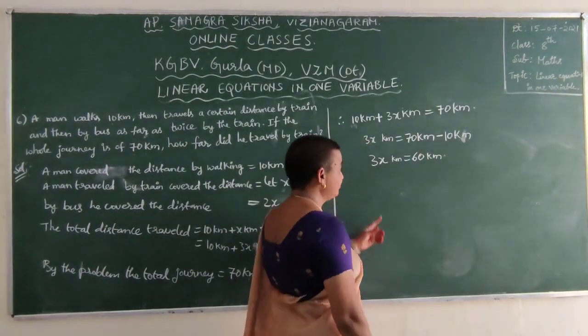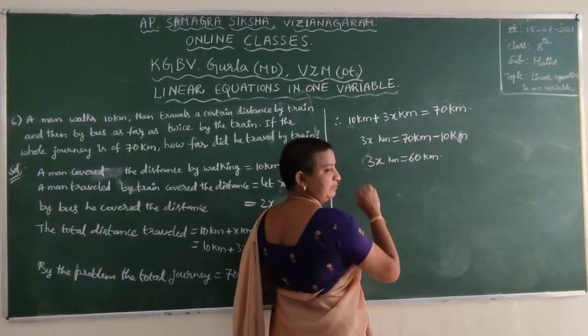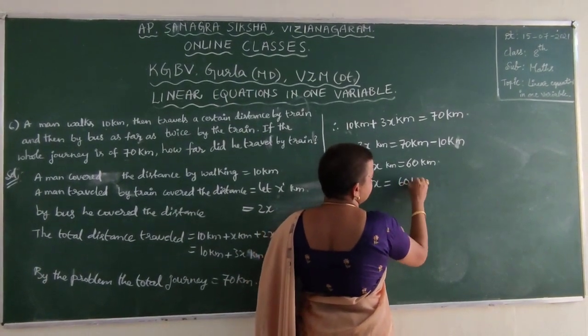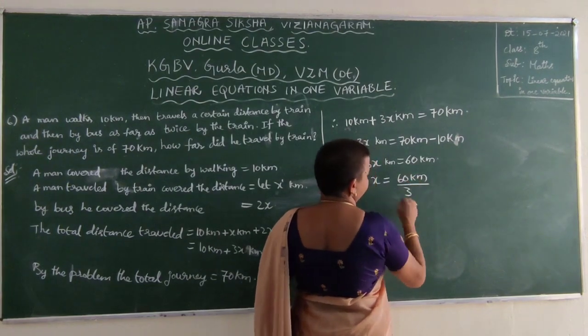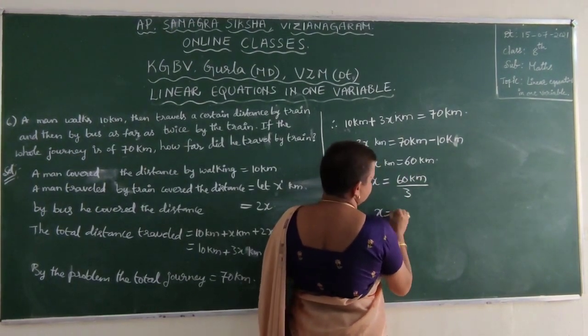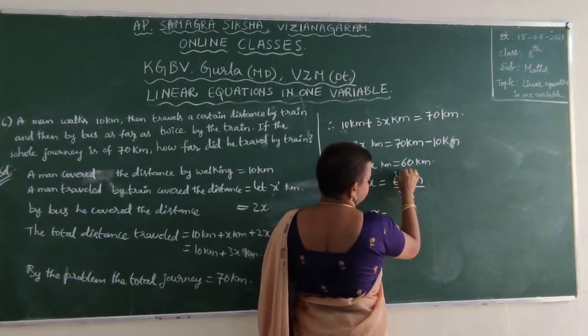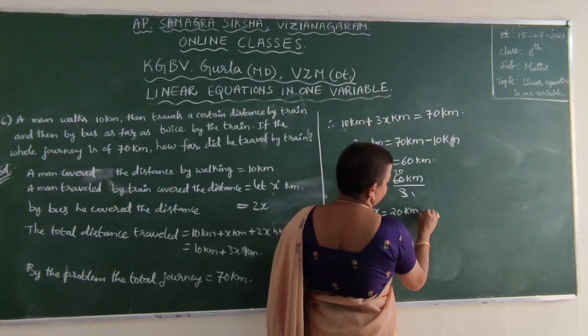Now 3 is multiplied by x, so x is equal to 60 kilometers by 3. 3 twos are 6, 3 ones are 3 twenties... so x is equal to 20 kilometers.